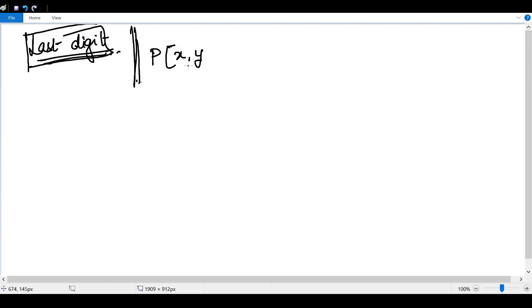P is a set which contains 2 elements, x and y. S is the sum of the 2 elements, x plus y.